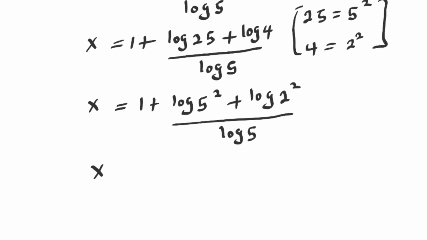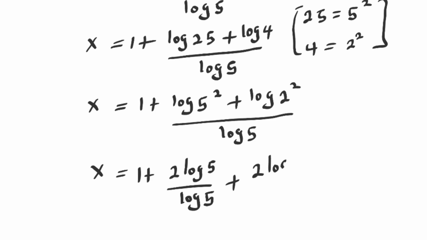Then x is equal to 1 plus, if you split this, we have 2 log 5 over log 5 plus 2 log 2 over log 5.